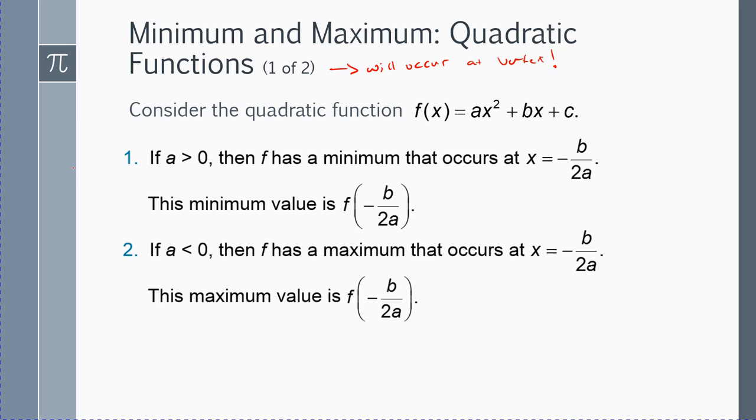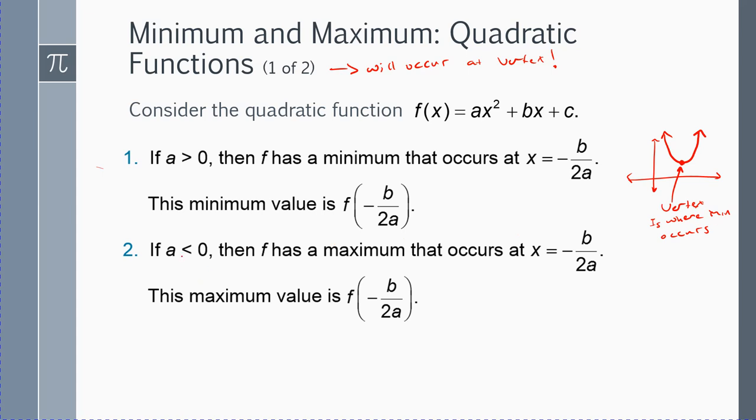So if you look here, if we know that a is greater than 0, we know the parabola opens upward. So this vertex here has to be the minimum value. This is where the min occurs.